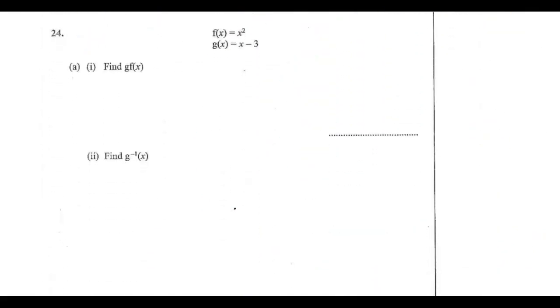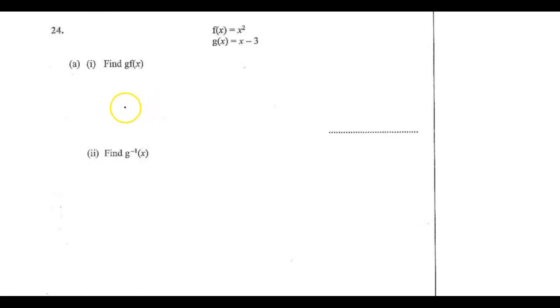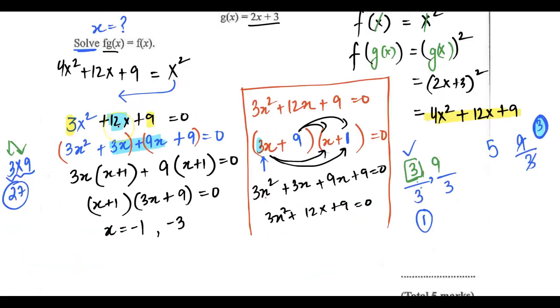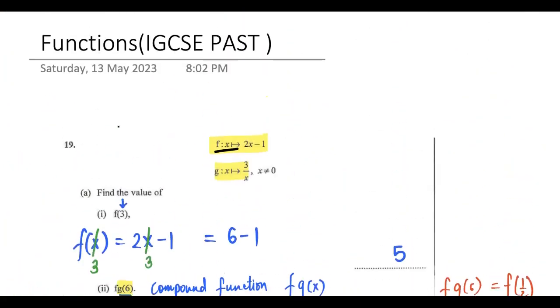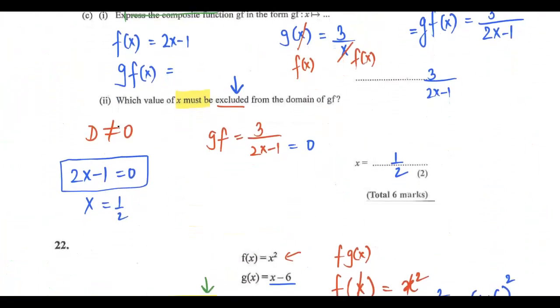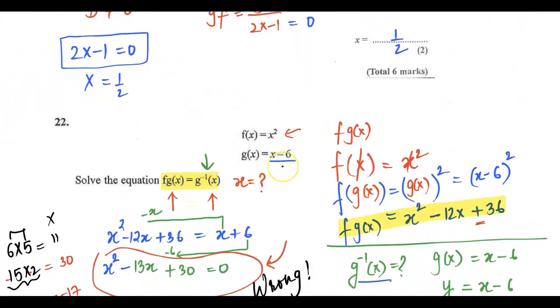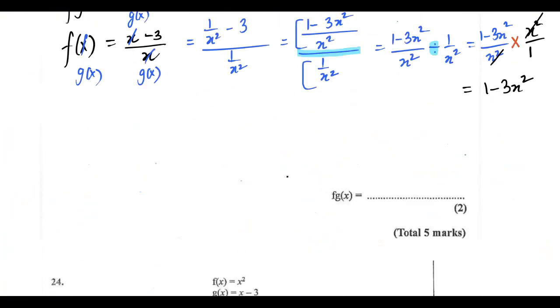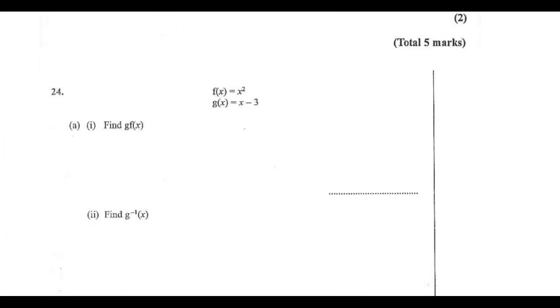Okay, next question we have over here is 24. Are we done with this 24? Let me quickly check that. Oh no, they are kind of very similar. It is x squared and x minus 6, and over there we have x squared and x minus 3. No worries, let's quickly find that. g of f of x.